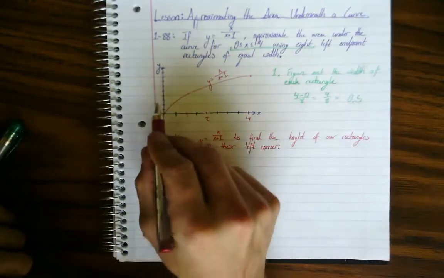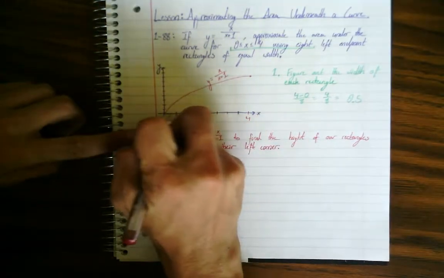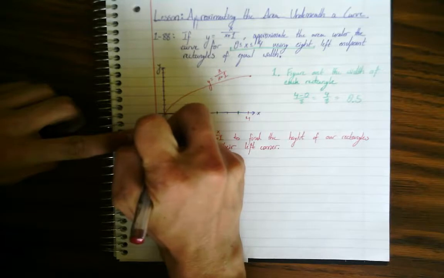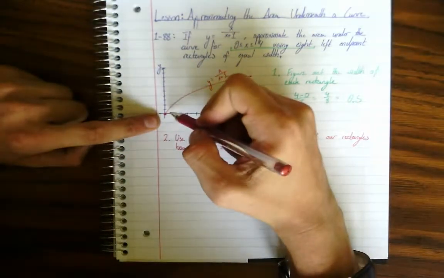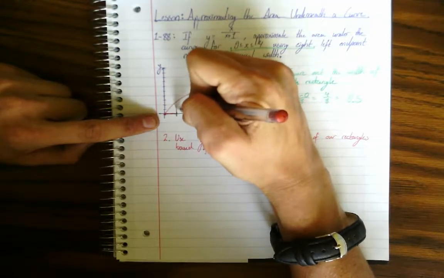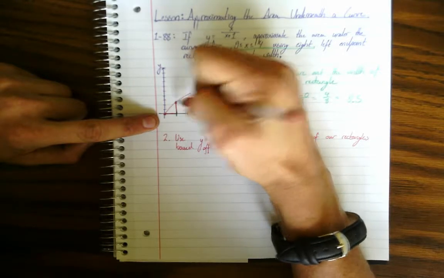So the first one isn't too obvious, but we're evaluating it at that left point. The next one is going to be evaluated at this left point.